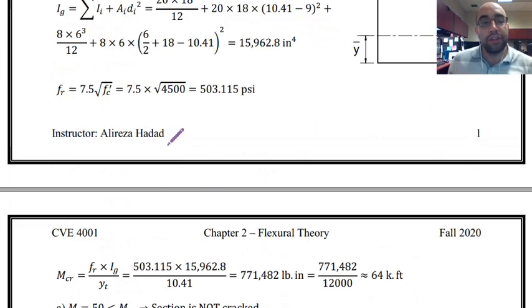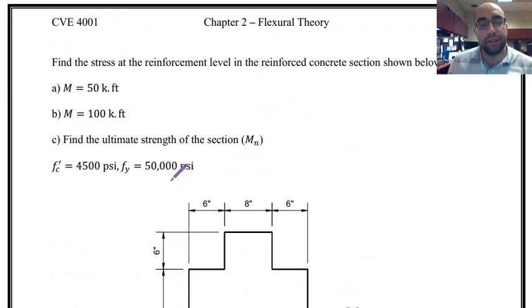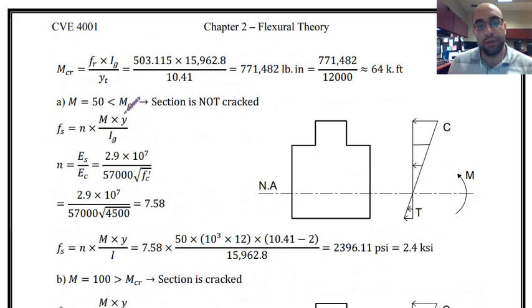So now we can look at the question and compare the applied moment versus the cracking moment. In the first situation, applied moment is 50, cracking moment was 64, so the applied moment is lower than the cracking moment, right?